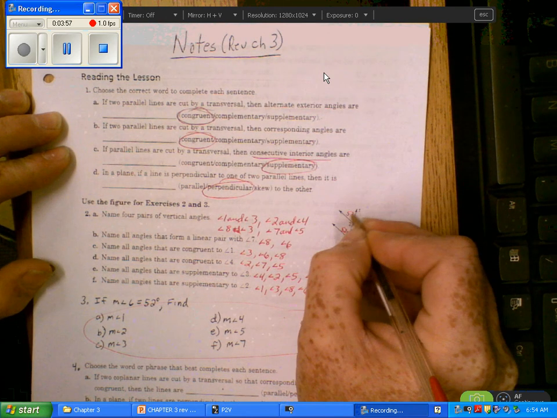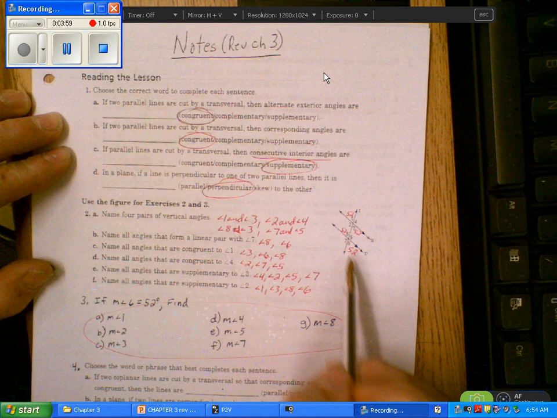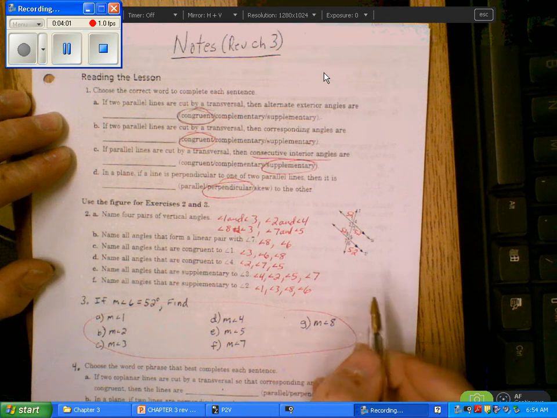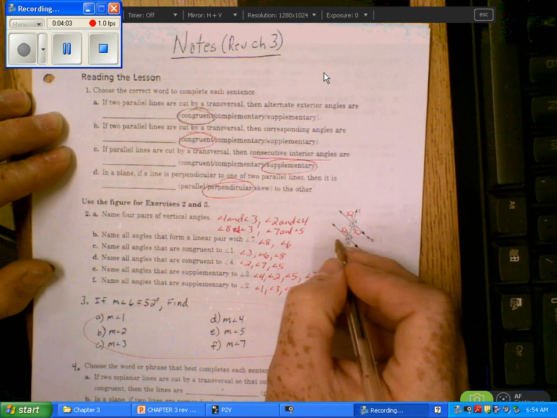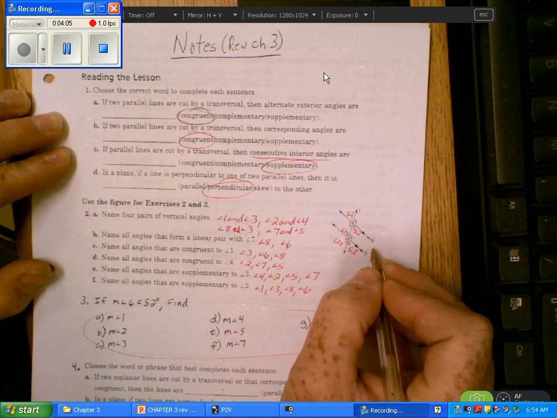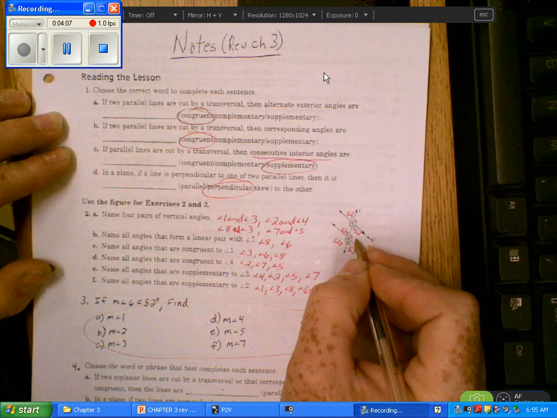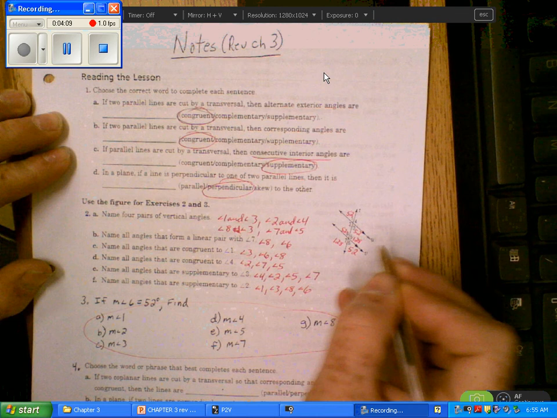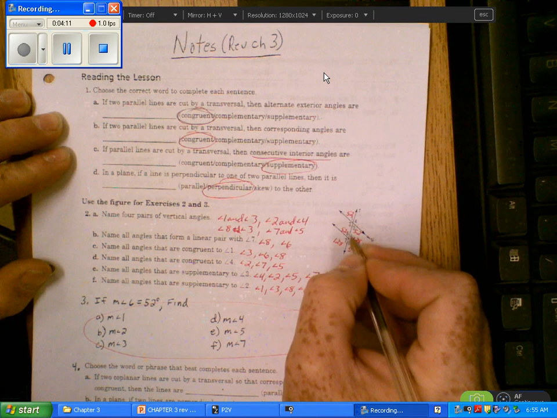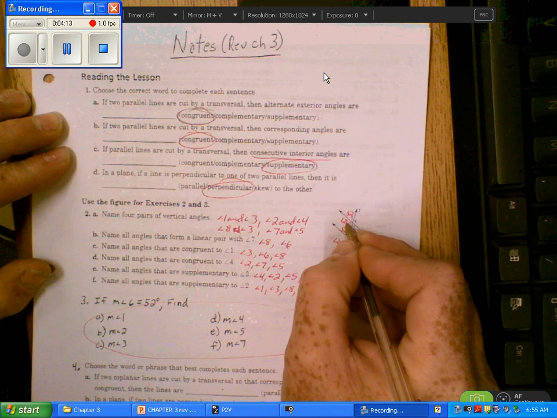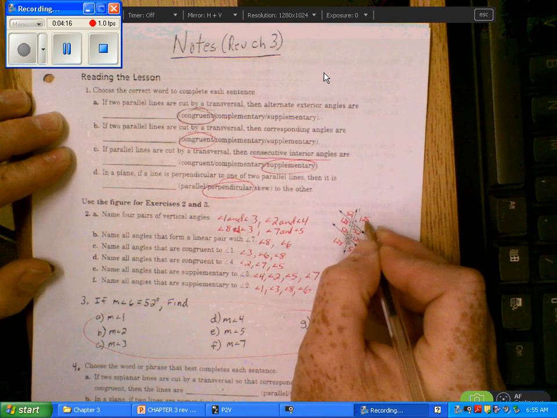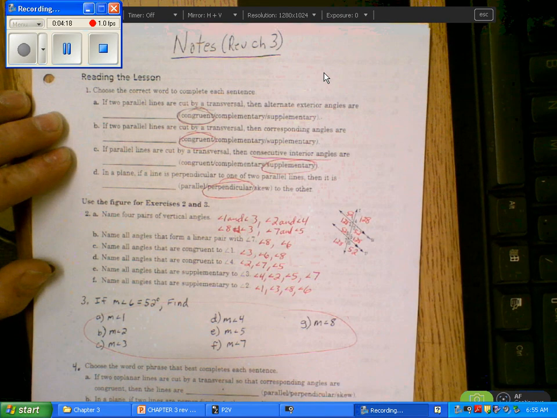Angle 1 is 52. To find angle 7, we subtract from 180. That'd be 128. So angle 7 is 128. Angle 5 is 128. Angle 2, alternate interior angles, so it has to be 128. Angle 4 has to be 128. So that's all the angles.